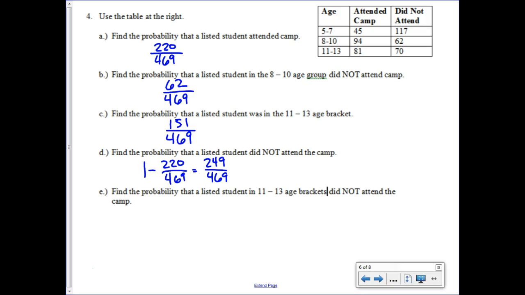So, we have 70 students in the 11 to 13 age bracket, but we only have 151 total that did not attend camp or that are in the 11 to 13 age bracket. So then we can see 70 divided by 151 also doesn't reduce. So that's all we have on that one.